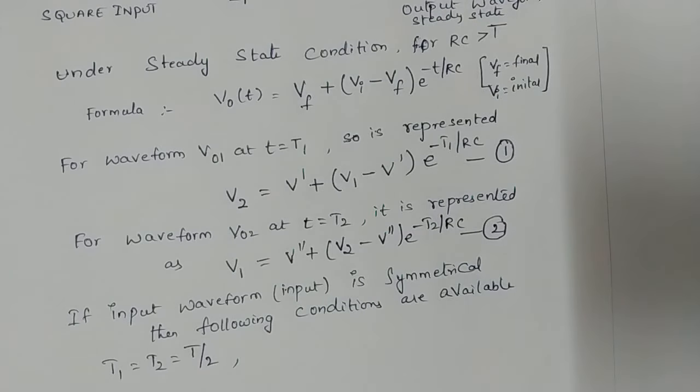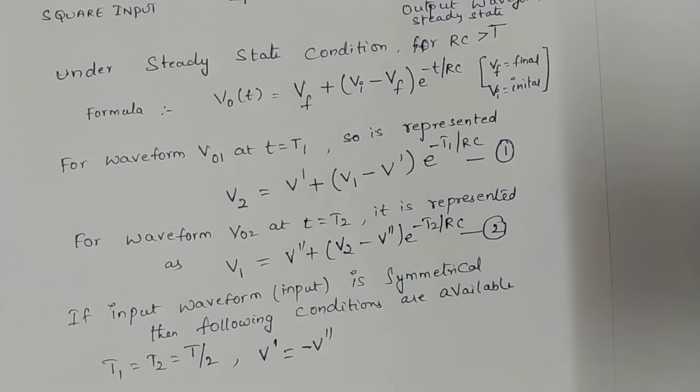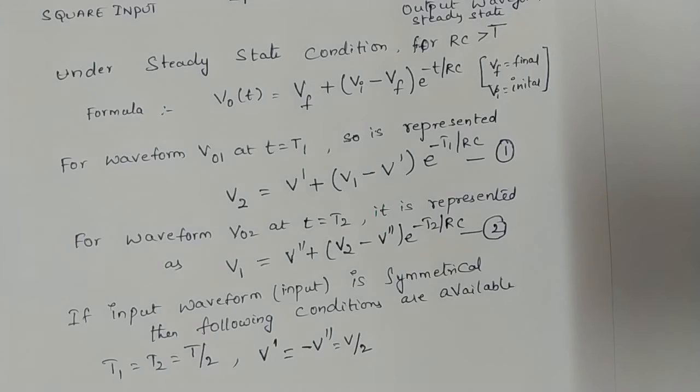Here the positive half cycle is equal to the negative half cycle. I am representing the positive half cycle as V dash, and it is equal to minus of V double dash, the negative amplitude side, which is V double dash, and it is equal to V by 2 amplitude. Example, I am showing here.